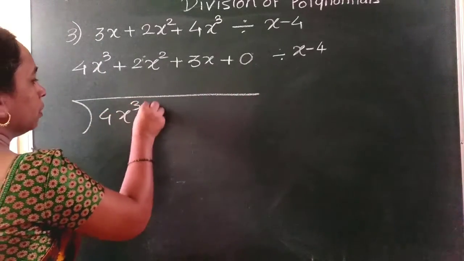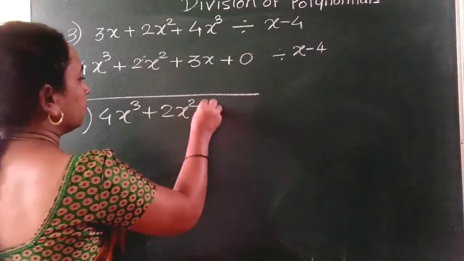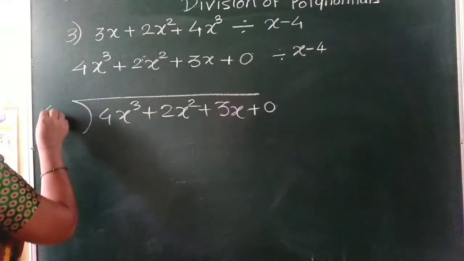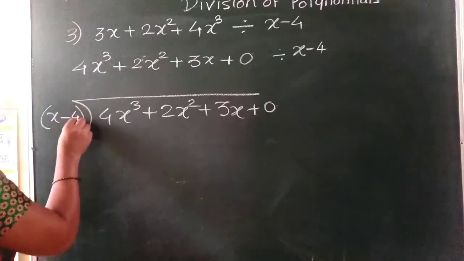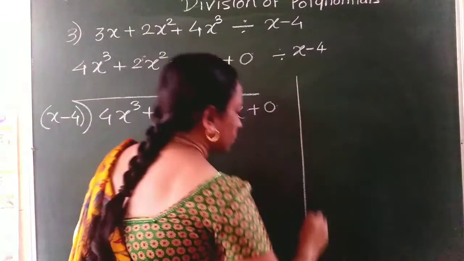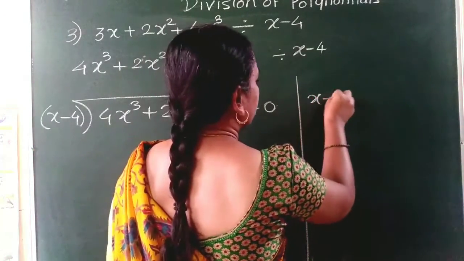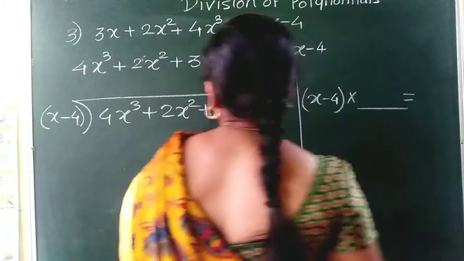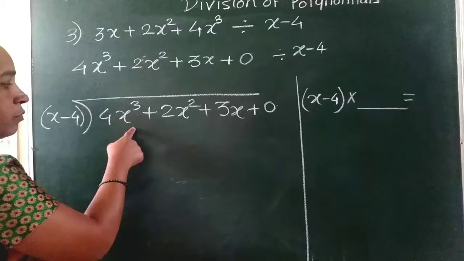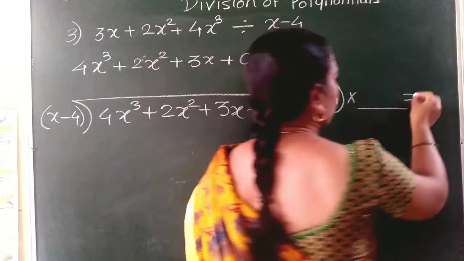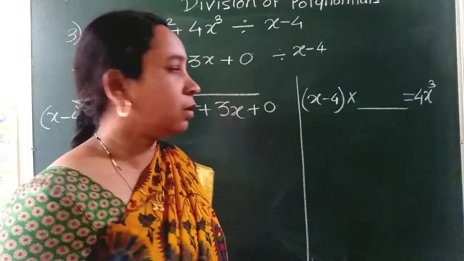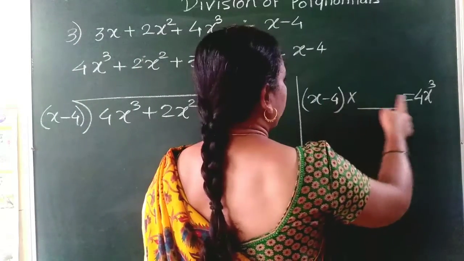4x cube plus 2x square plus 3x plus 0. What is the divisor? x minus 4. x minus 4 multiplied by the term is equal to, what is the first term? 4x cube. So I have to divide 4x cube. To find the quotient, I have to balance this.